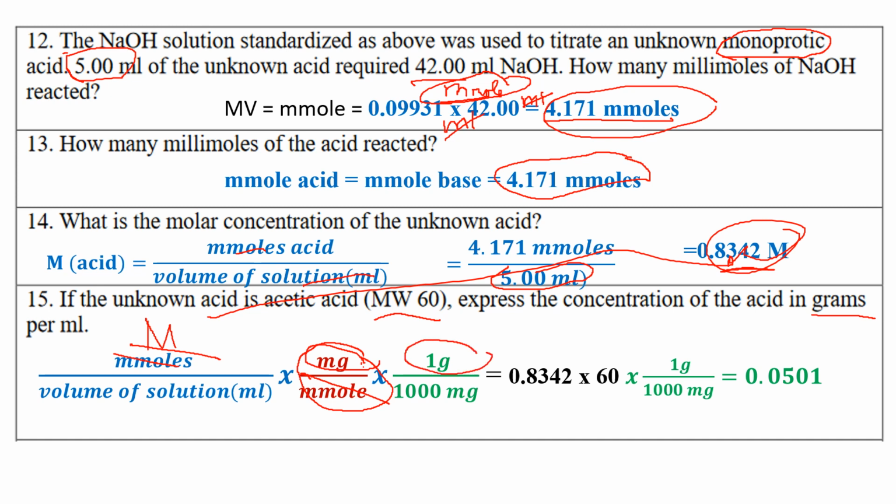So to convert milligram to gram, I have another conversion factor, 1 gram over 1,000 milligrams, so that the milligrams unit will cancel out. Ang maiiwan, gram at ano pa ang maiiwan? Ito. So in grams per ml. So itong 0.0501 ay grams per ml. Yan ba yung hinahanap natin? Yes. So, hinahanap natin ang concentration in grams per ml.